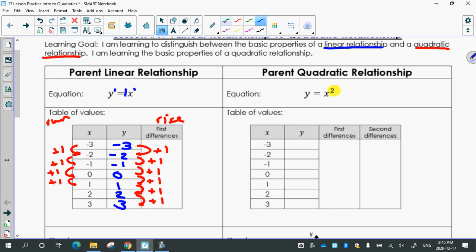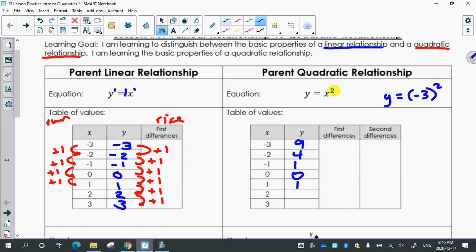So if I put -3 in for x, I'd be thinking to myself, I'm replacing x with -3 and squaring it. What am I going to get? 9. If I replace x with -2 and square it, 4. I square -1, square 0, I still get 0.